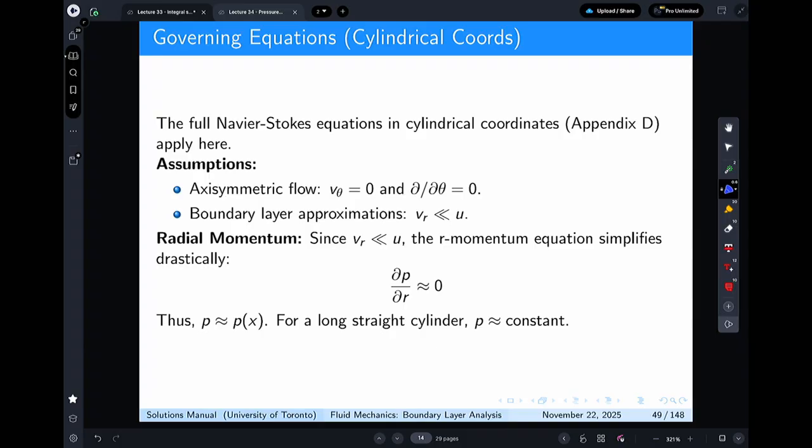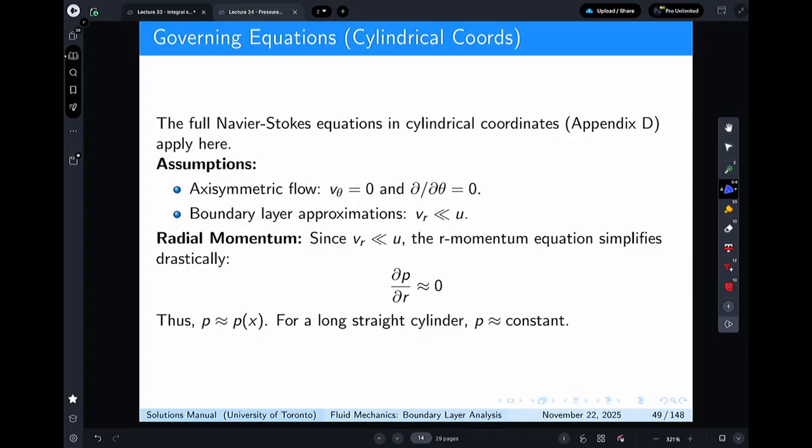So for Navier-Stokes in cylindrical coordinates, and this is a great time to look at the appendix in the book, Appendix D. And they changed the form of the equations. And one of them is that v theta is going to be in there. So theta is going to be the angular direction.